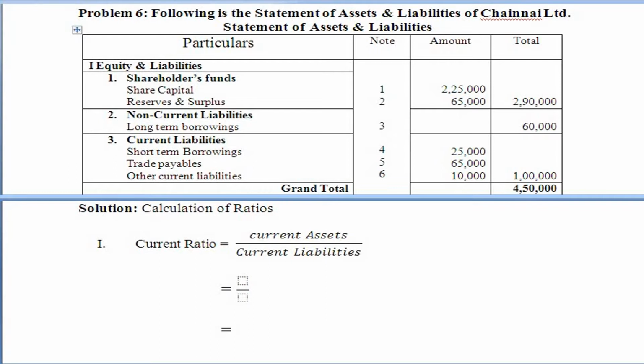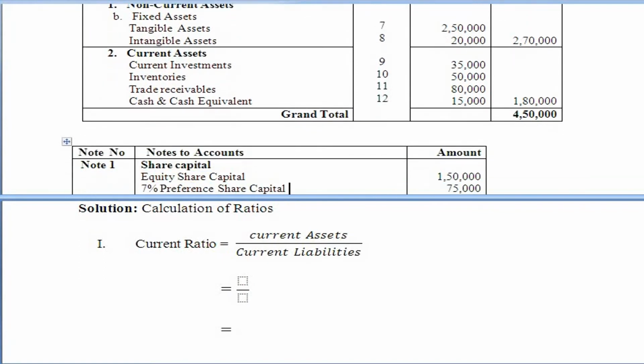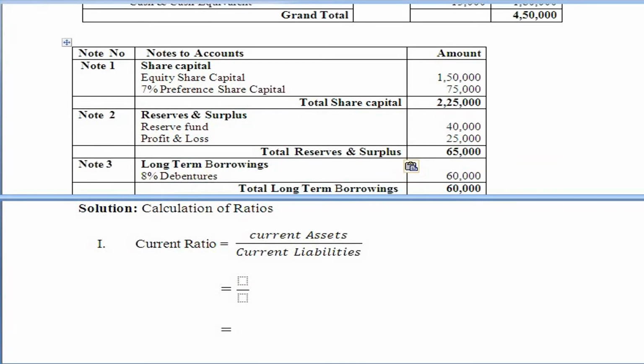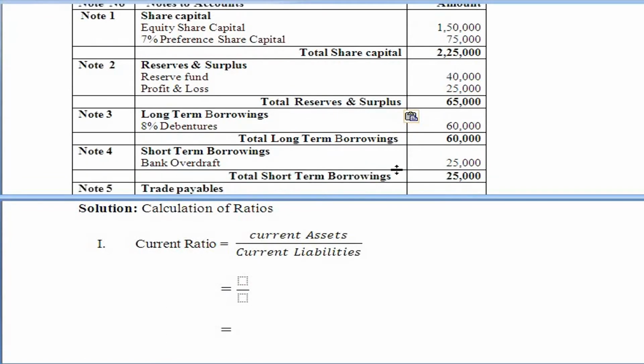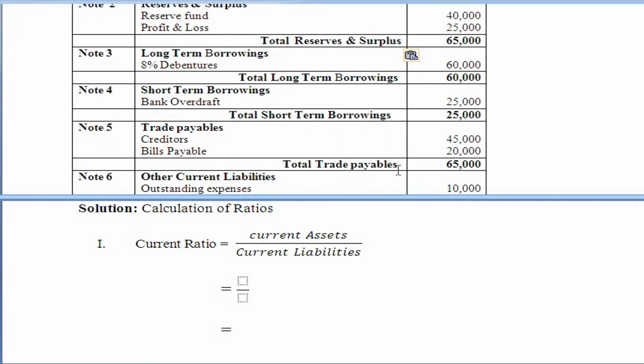The total of the equity and liability side is 4,50,000. The asset side is the same, 4,50,000, and these are the notes to the balance sheet. Note 1 is share capital, note 2 reserves and surplus, note 3 long term borrowings, note 4 short term borrowings, note 5 trade payables, we have creditors and bills payable.